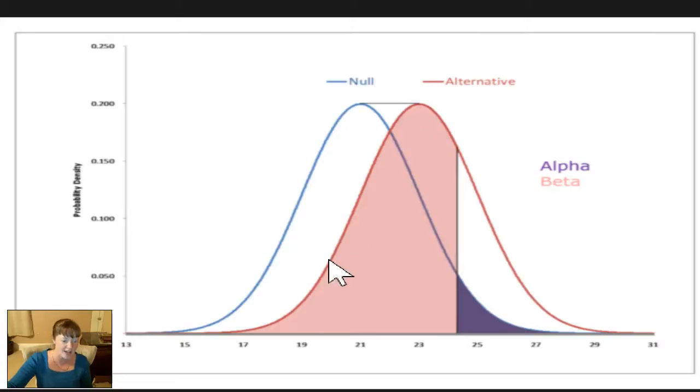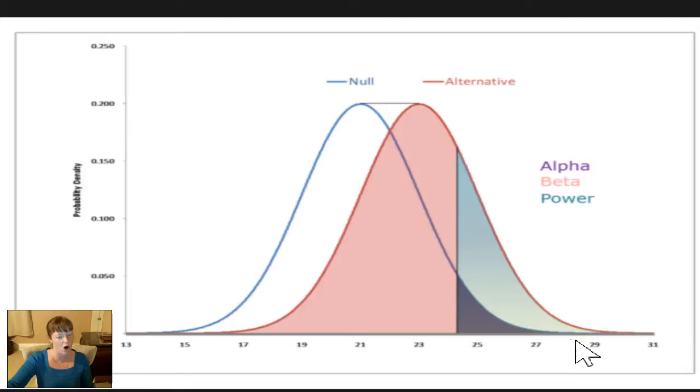The alternative is actually true, and if we find a 23 or a 22 or whatever, this is going to be the proportion of times we're going to sort of fail to reject the null when we should have. This area here is called beta in pink.